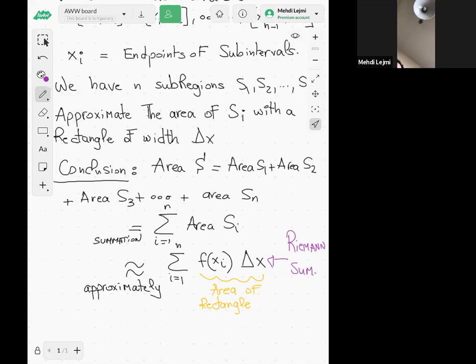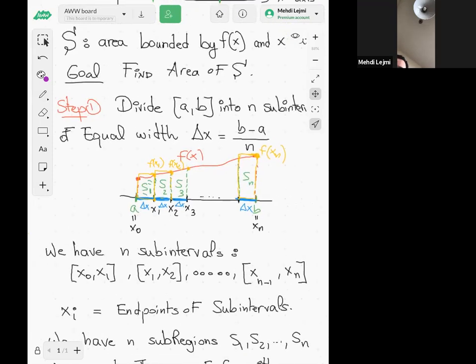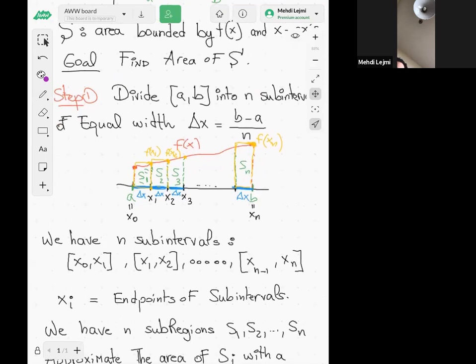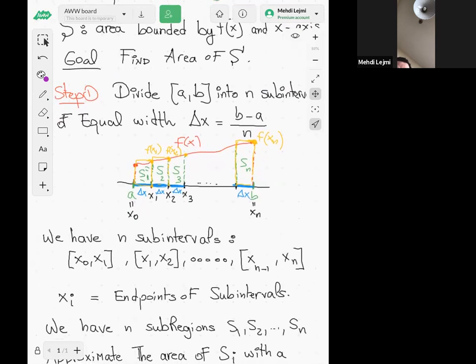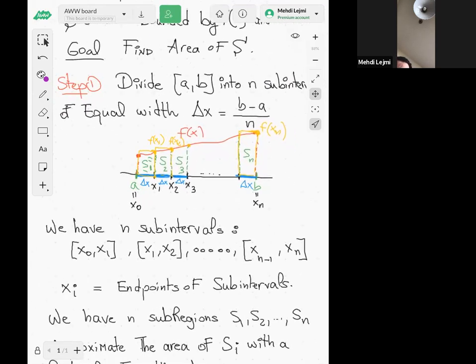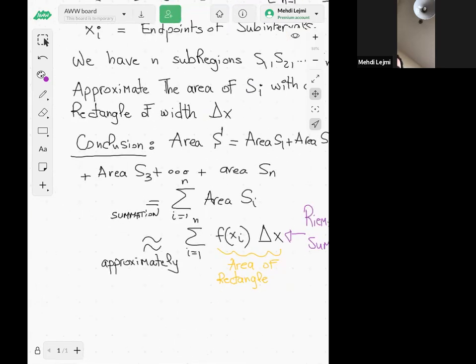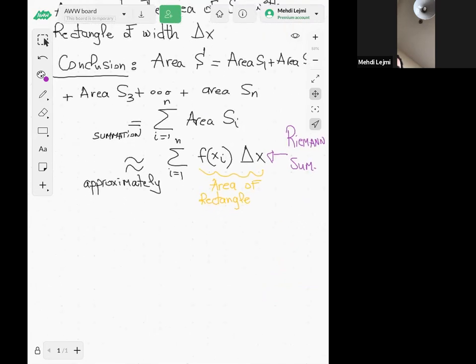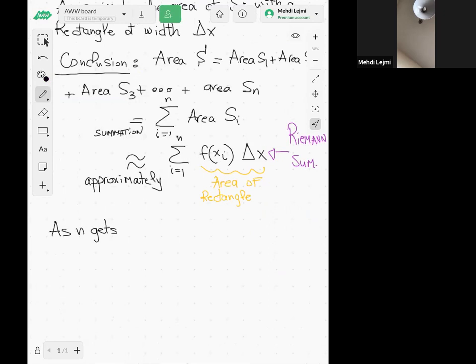Now the goal is that we want to compute the area of this region S. What we can do is increase the number of subintervals. As n gets large, we're going to have a better approximation of the area of S. What does it mean for n to get large?